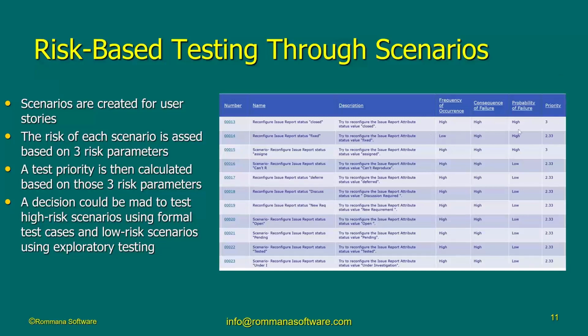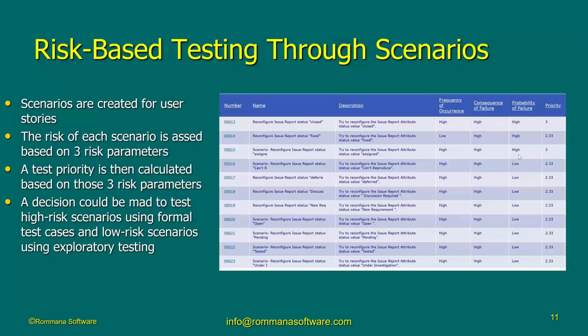Based on these three parameters, we calculate within Rommana ALM a testing priority. And the testing priority is always going to be a number between 1.0 and 3.0. Okay, how do we calculate it? I can tell you quickly. High is 3, medium is 2, low is 1.